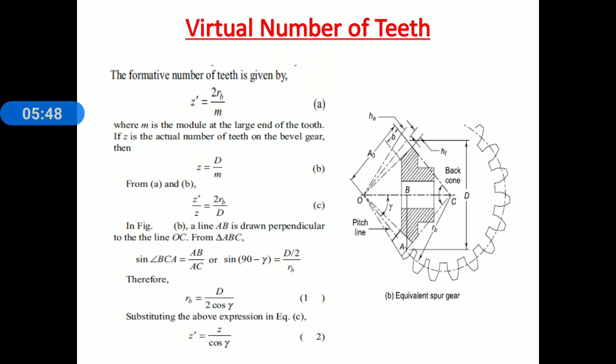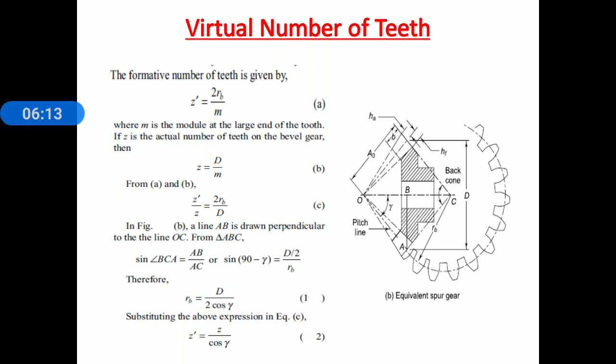That's why there is no single value, and the bevel gear is specified at the large end of tooth. That's why this module is also at the large end of tooth, and Z is the actual number of teeth on a bevel gear. Z is equal to pitch circle diameter divided by the module.